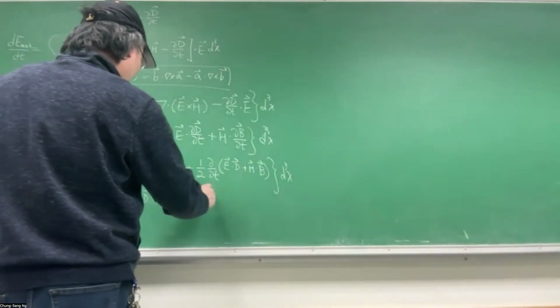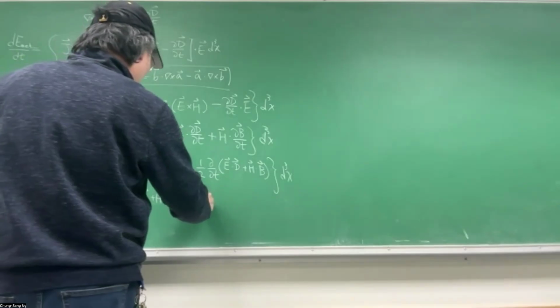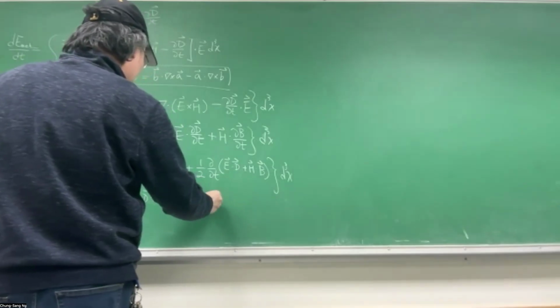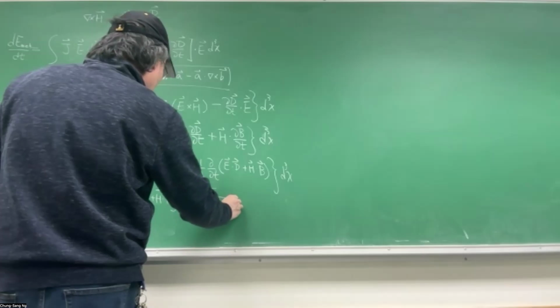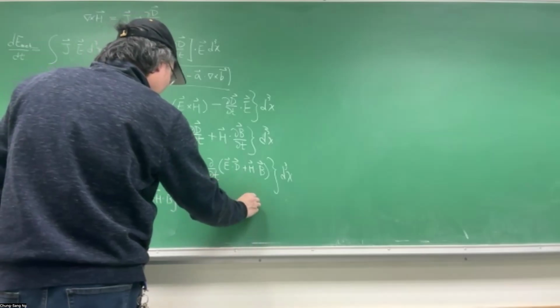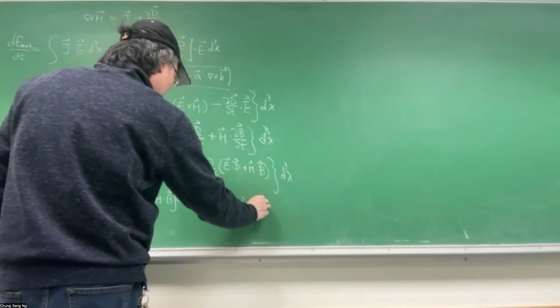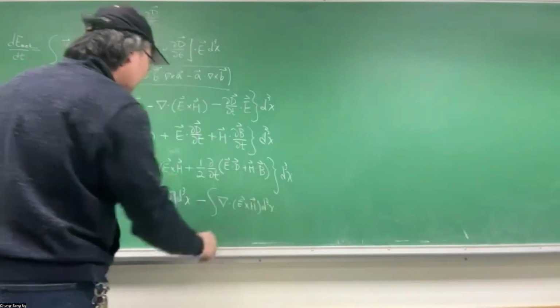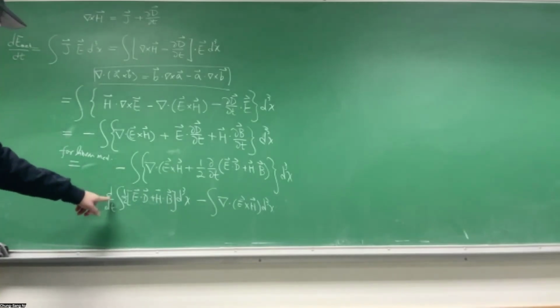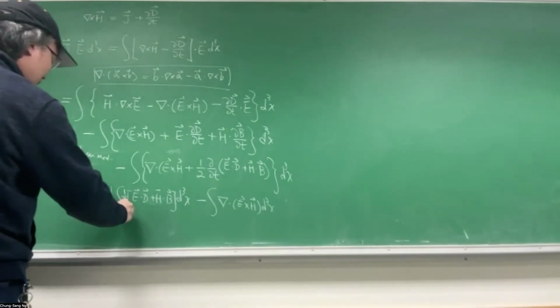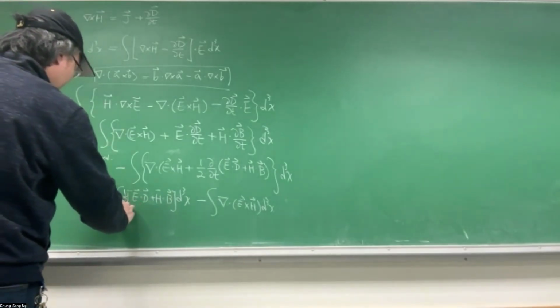And the last term is minus just the divergence of E cross H. Now the left-hand side is ultimately this mechanical energy, and there's another d/dt term, and you can interpret now this as the field energy.